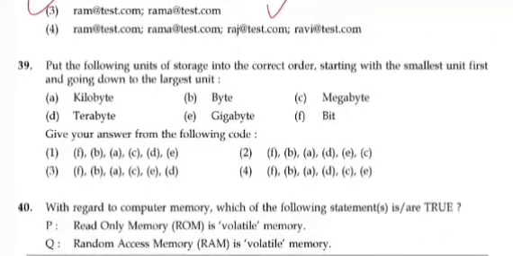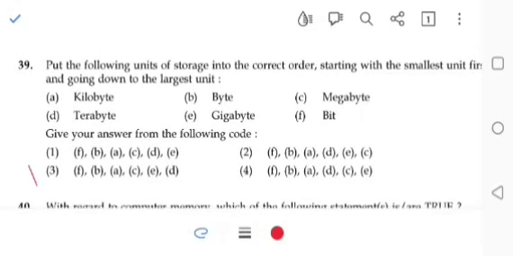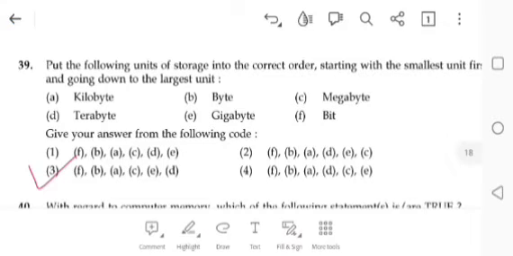It will be number 3. F will come first. Bit is the smallest unit of data or storage calculation. Then B, byte. Then A, kilobyte. Then C, megabyte. After megabyte, gigabyte will come, and then terabyte. So terabyte is the biggest unit for data calculation.